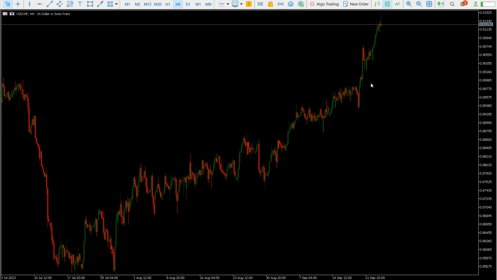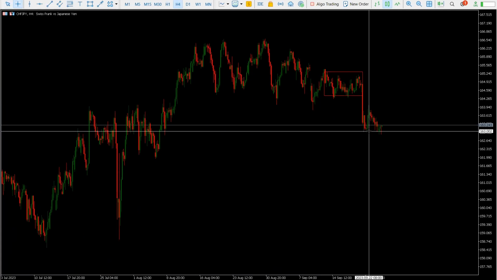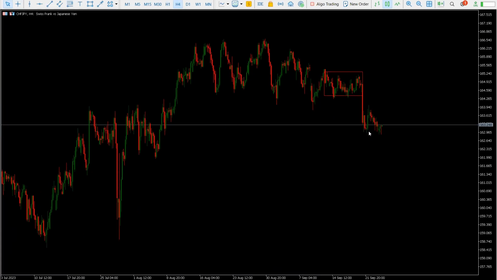I would say just be careful on CHF. It's a very technical market at the moment. But my personal take would be to start fading this bullish momentum towards a bearish momentum. So I would look to long USD CHF. I would look to short CHFJPY.